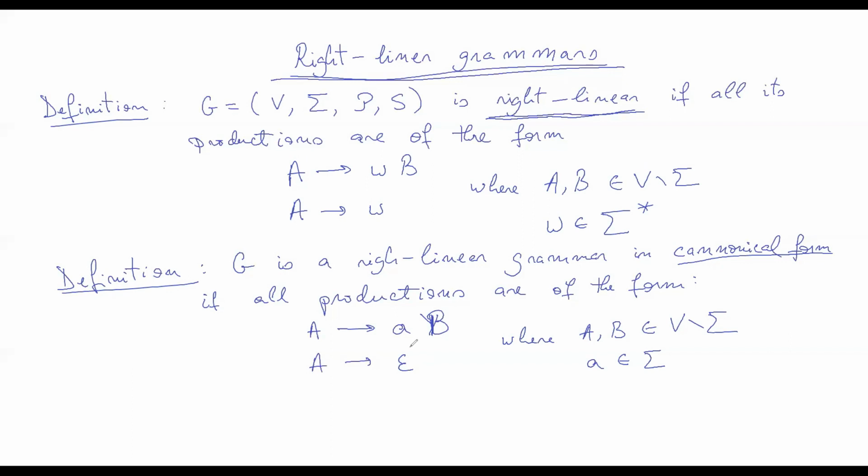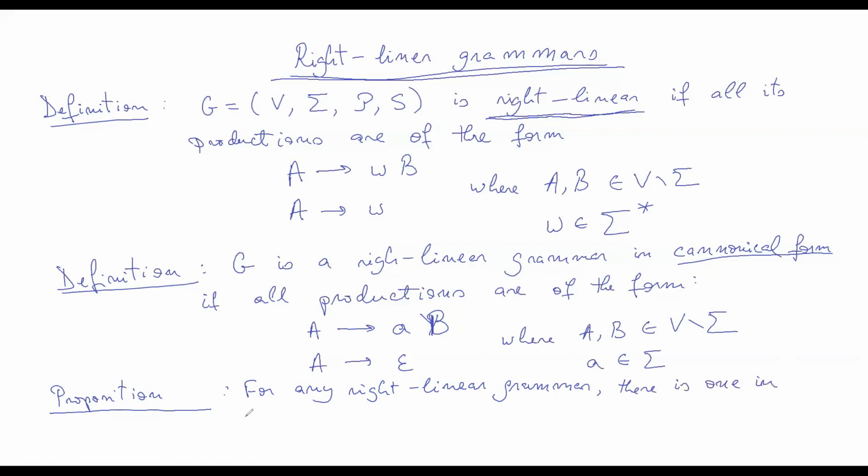And I'm going to formulate here on the same whiteboard this proposition, which says: for any right linear grammar there is one in canonical form generating the same language.